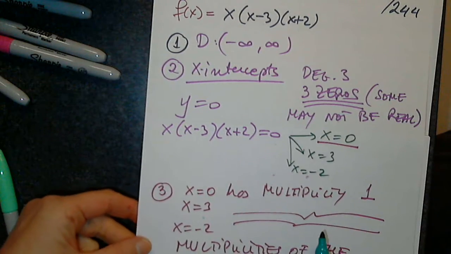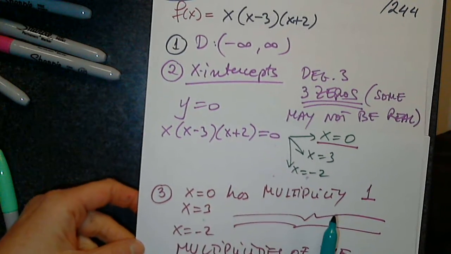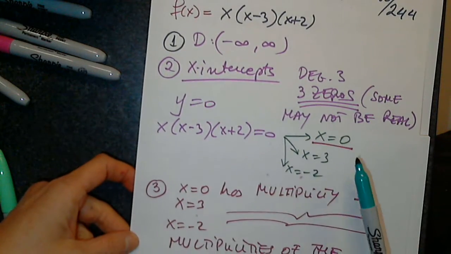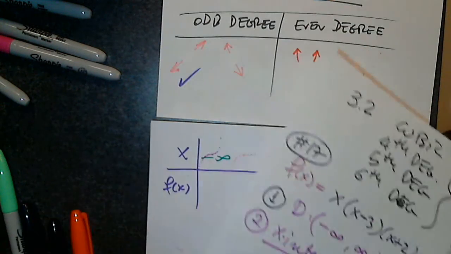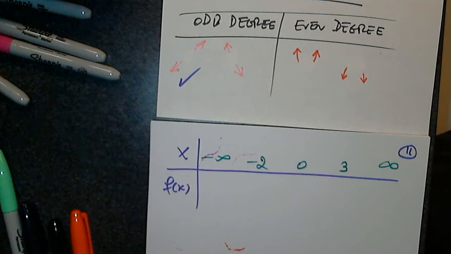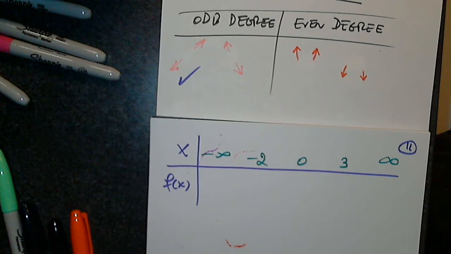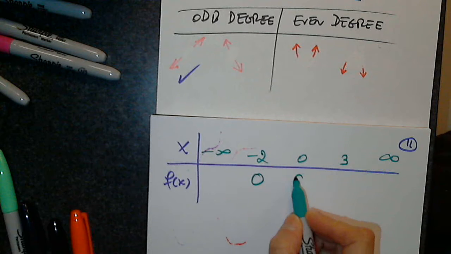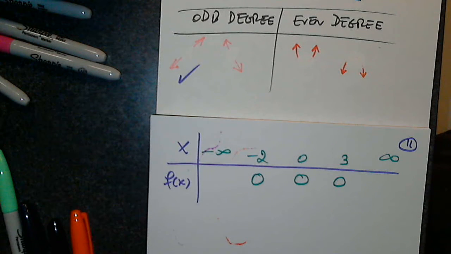Then you gave me the X-intercepts, right? You said the degree is 3. I have to find 3 zeros. And I found negative 2, 0, and 3. What do I write for the function value under these specific 3 x values? 0. Of course, they are the X-intercepts.